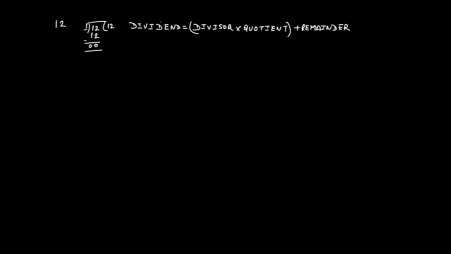So in this case, you have dividend as 12, this 12 is dividend. Then you have 1 as divisor, you have 12 as quotient, and then you have 0 as remainder. And therefore we can write it like this: 12 = 1 multiplied by 12, because the remainder is 0.